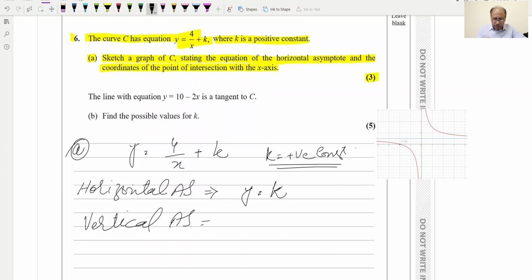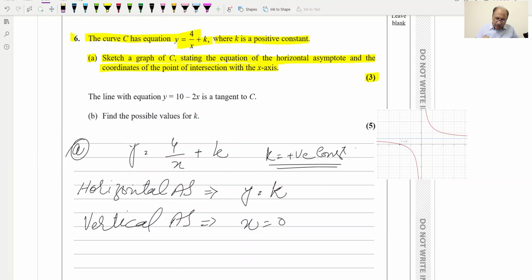The vertical asymptote will be x is equal to 0. These are the values which this curve cannot have in any situation. It cannot have the value k, because it is always added some positive value to k, so this equation can never attain y is equal to k.